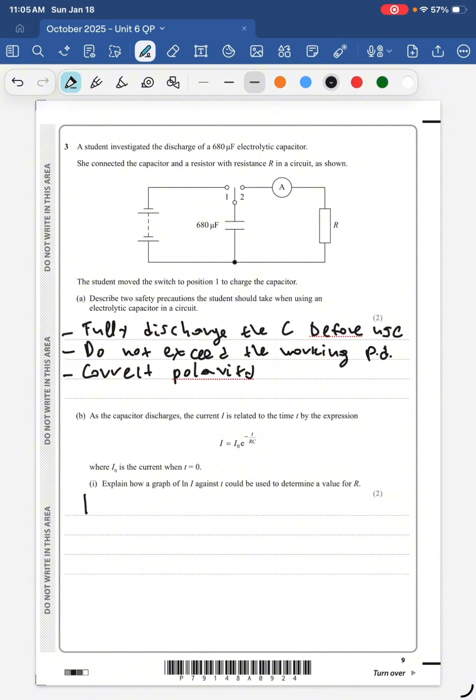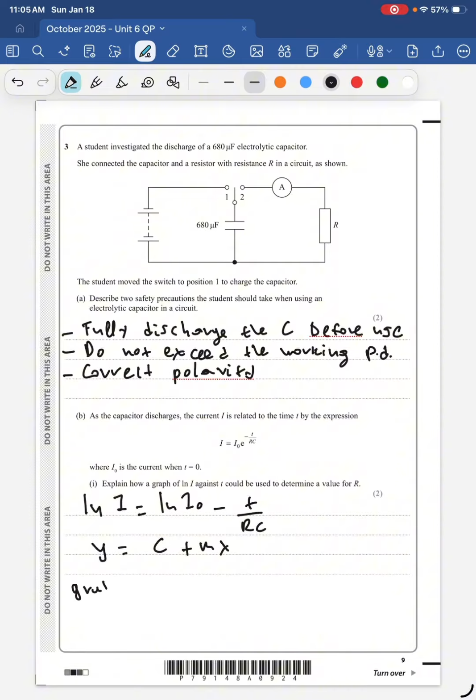So we take the exponential decay equation and take the ln on both sides. So ln of I is ln of I naught minus t over RC, which has the form y is equal to c plus mx, right?